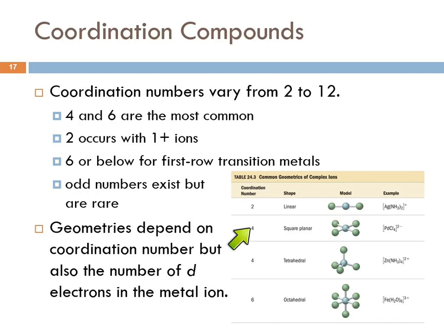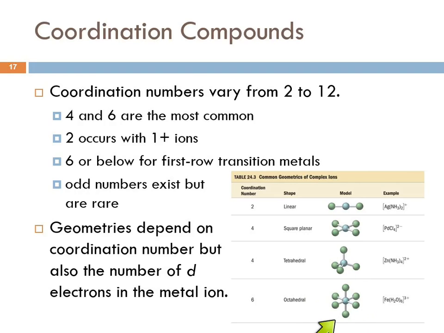For 4, like I said, the 3 is very rare. We're going to ignore it. For 4, you can either get a square planar geometry or a tetrahedral geometry. And that's going to depend on the number of d electrons. To get this, you need to have another d orbital up and down.